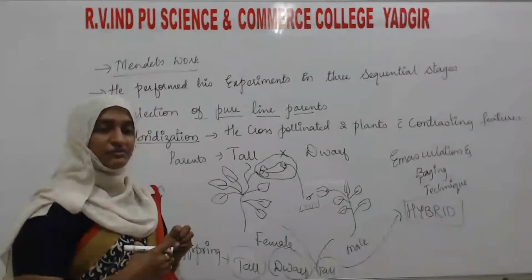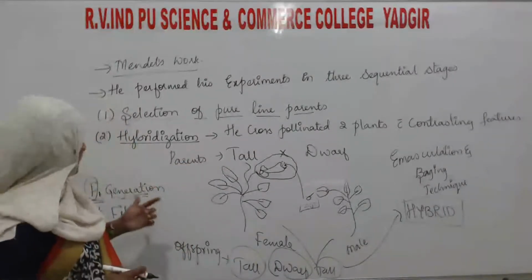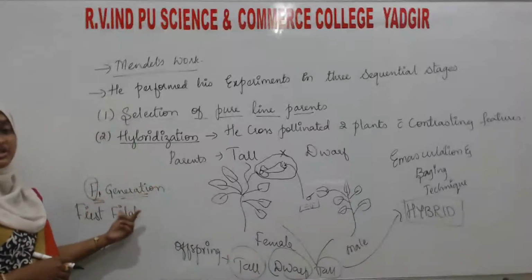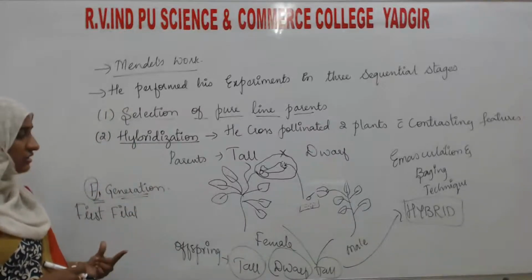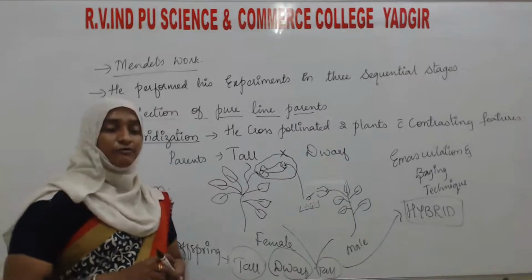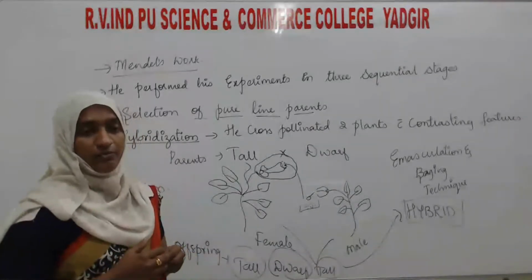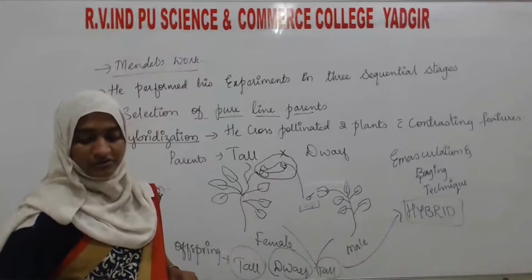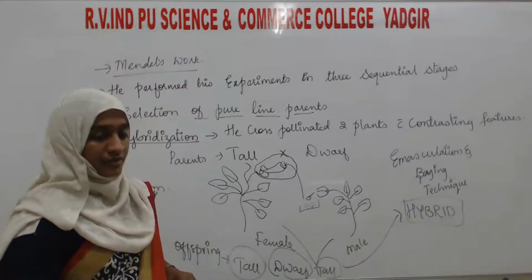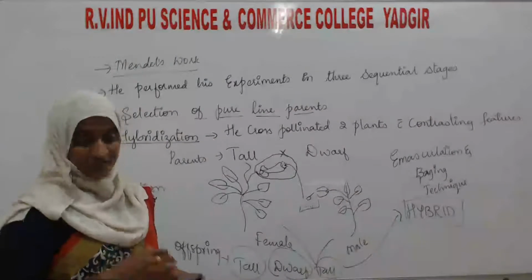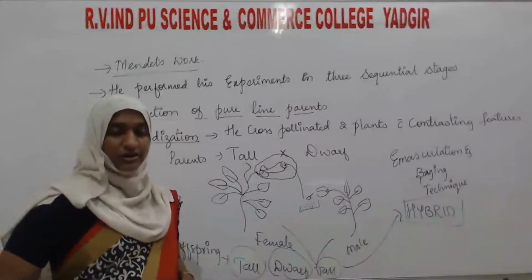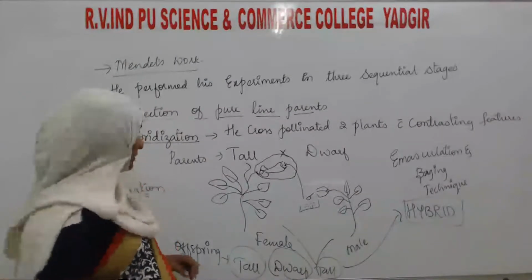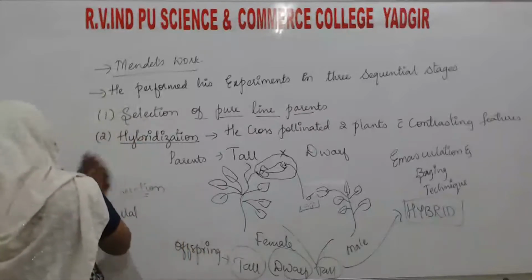The next generation produced is called the F1 generation, the first filial generation, and the offspring produced are called hybrids. Then the third sequential stage in this experiment is the self-pollination of hybrids.